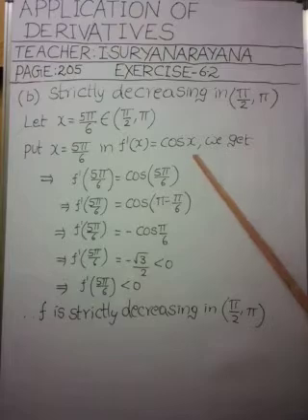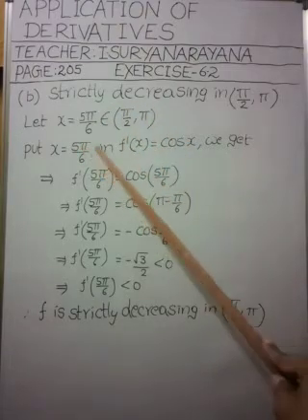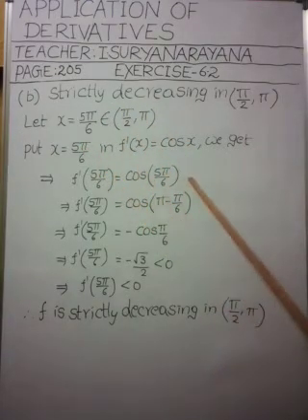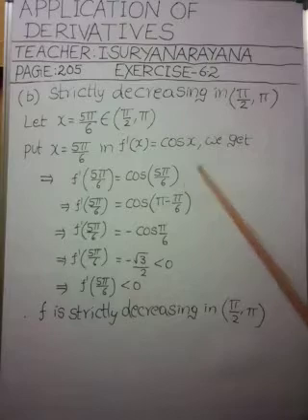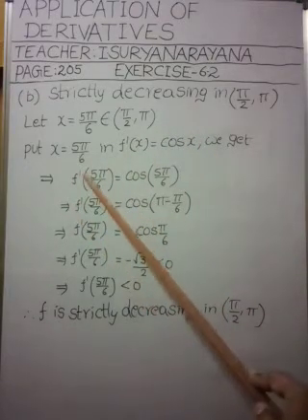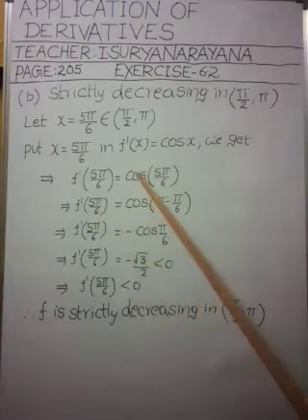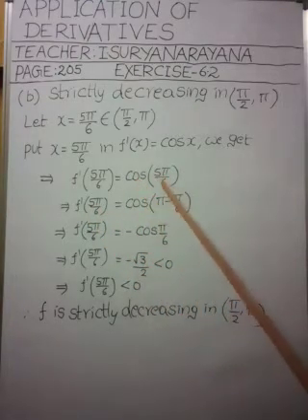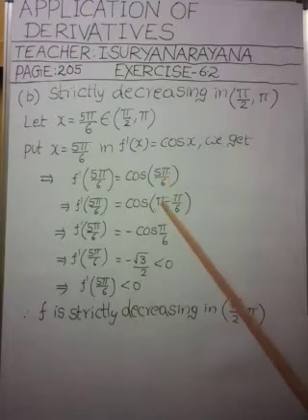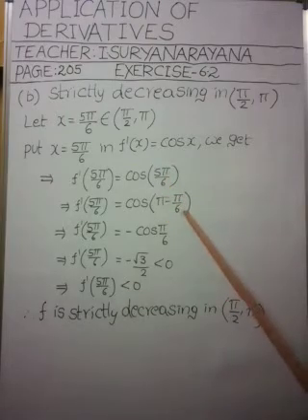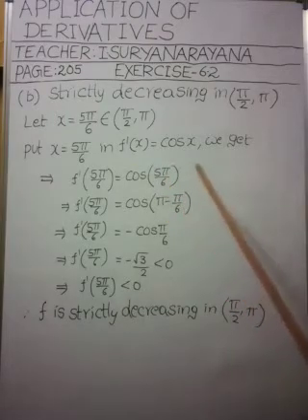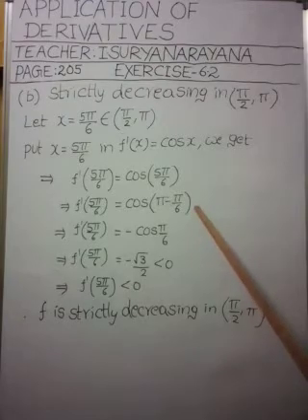We have just substituted x is equal to 5 pi by 6 in f dash of x. Then we get this step. Okay, my children? Right. This implies f dash of 5 pi by 6 is equal to cos of, we can write 5 pi by 6 as pi minus pi by 6. Isn't it, my children? Yes, we can write it.